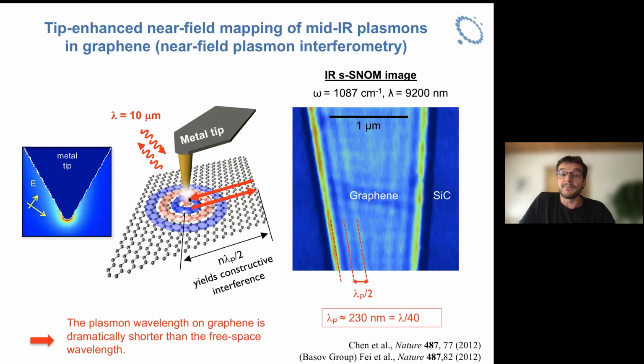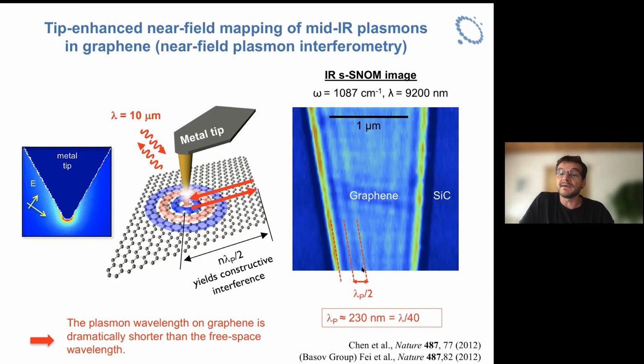Now by scanning the tip and recording the scattered light, we get images such as the ones that you see to the right, where we see graphene that was epitaxially grown on silicon carbide. This image is rather homogeneous on the silicon carbide, because here we see material contrast, but inside the graphene, you see these fringes parallel to the edge.